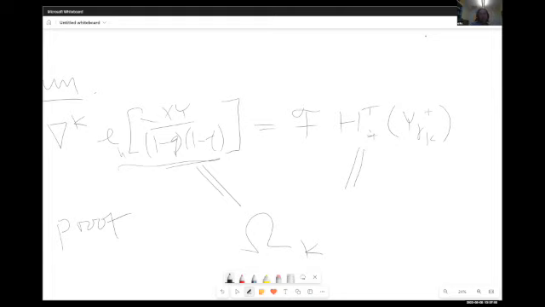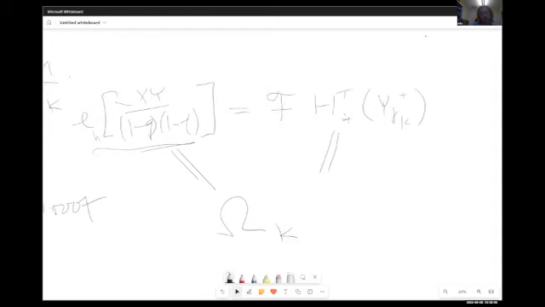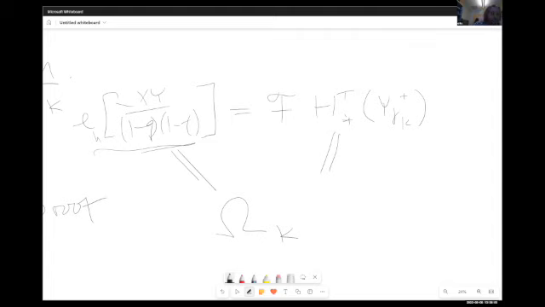On the other hand, this combinatorial sum is equal to the Frobenius character of the equivariant homology.